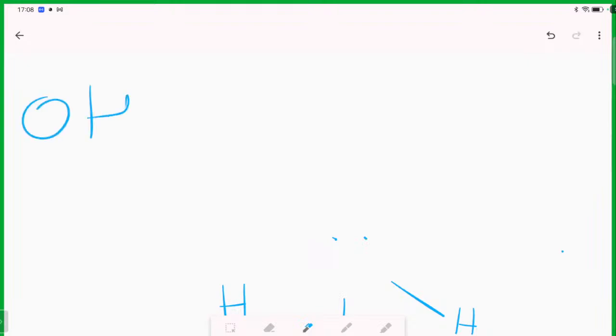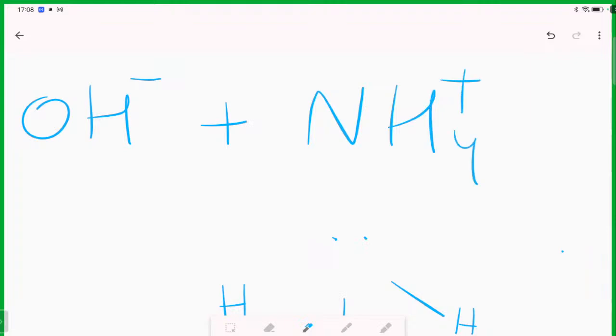OH minus plus NH4 plus will be on the product side. So Lewis theory basically ये बोलता है कि जो इलेक्ट्रॉन पेयर एक्सेप्ट करता है वो एसिड है, जो इलेक्ट्रॉन पेयर डोनेट करता है वो बेस है। NH3 ने इलेक्ट्रॉन पेयर डोनेट किया, so it is a base, as simple as that. So this is how we classify or talk about acids and bases in Lewis theory.